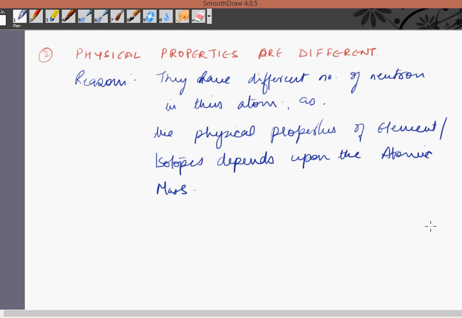Third, if I count, is that the atomic mass of an element have fractional atomic masses.